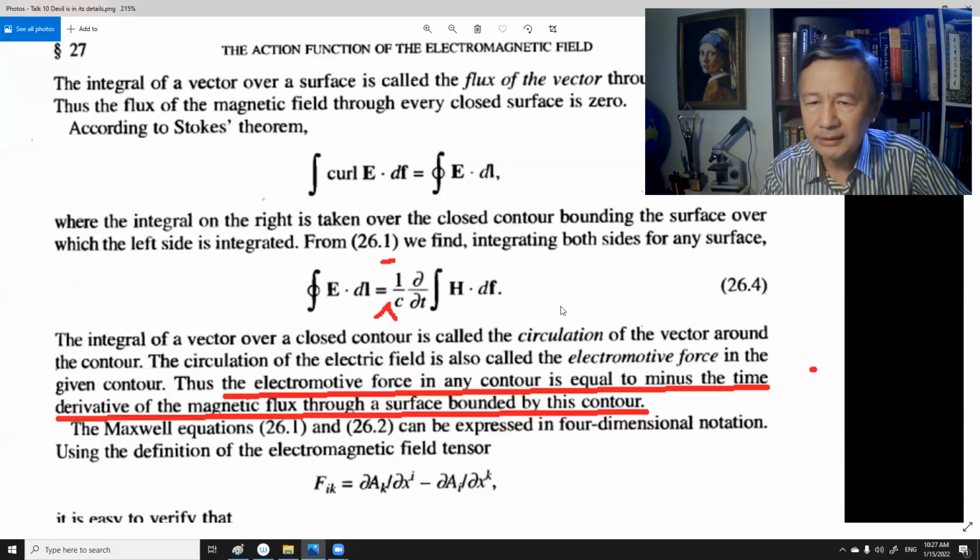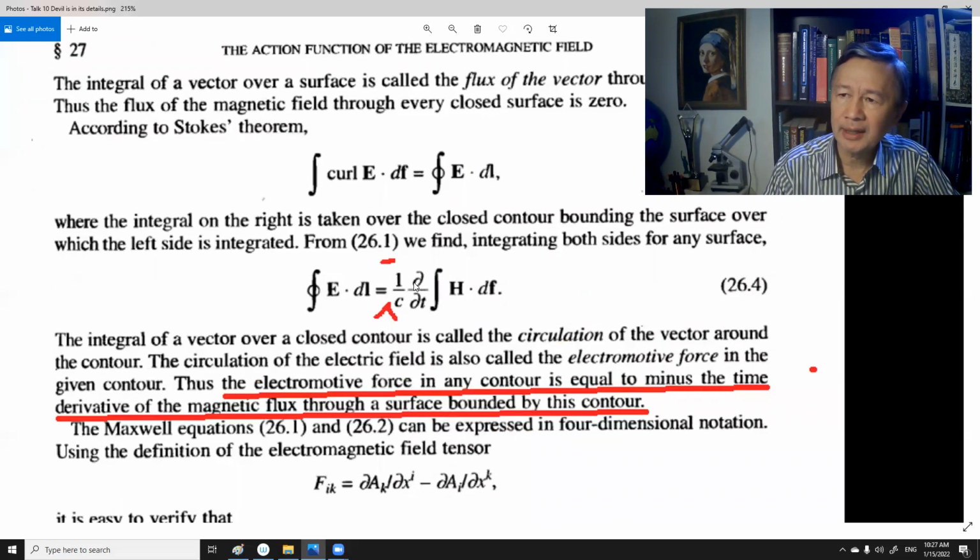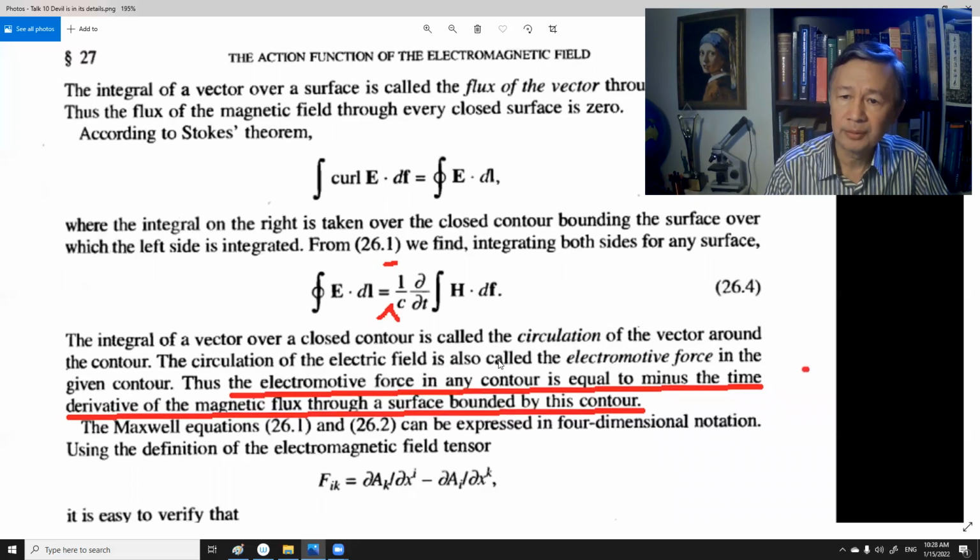But it would appear there is a minus sign that they omitted in this equation, because according to their text, the electromotive force, that is this closed line integral in any contour, is equal to minus the time derivative of the magnetic flux through the surface bounded by this contour. So there is a negative sign here, so be careful.